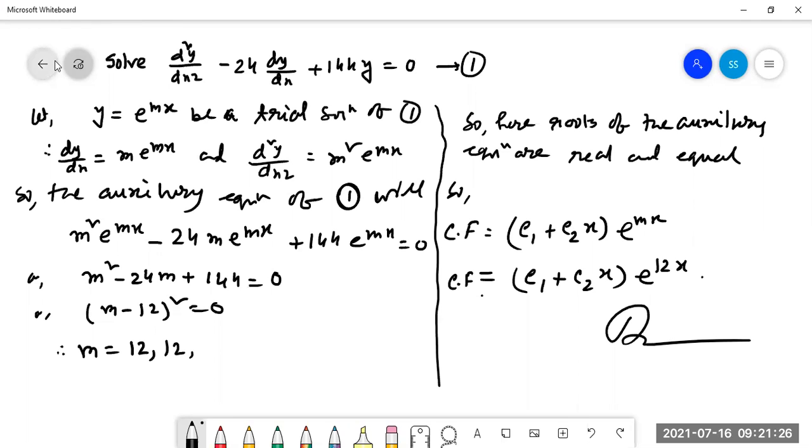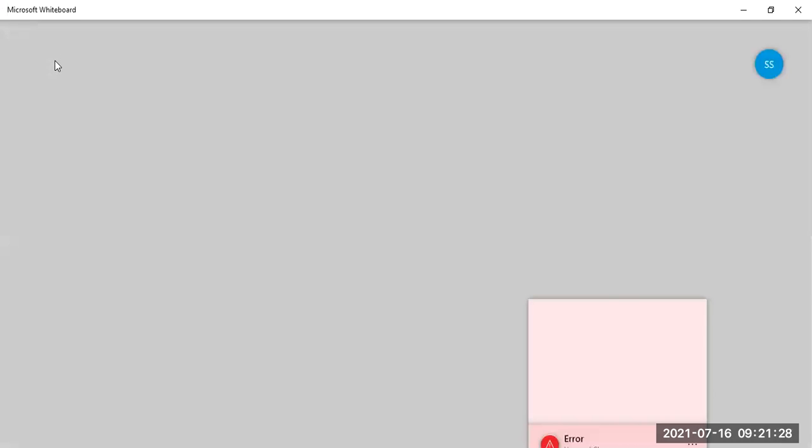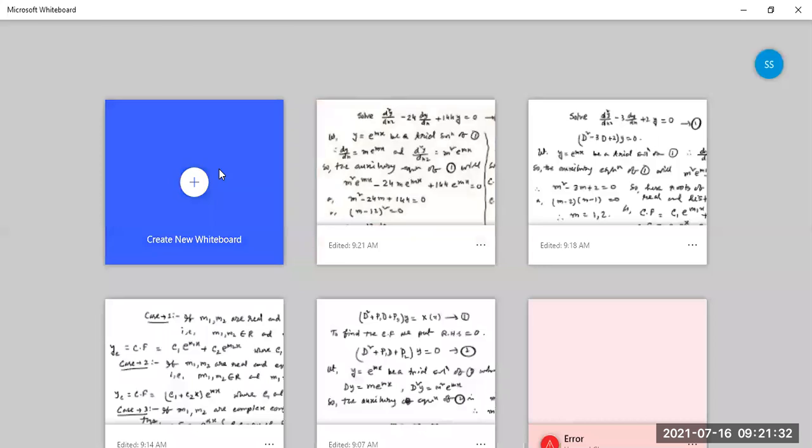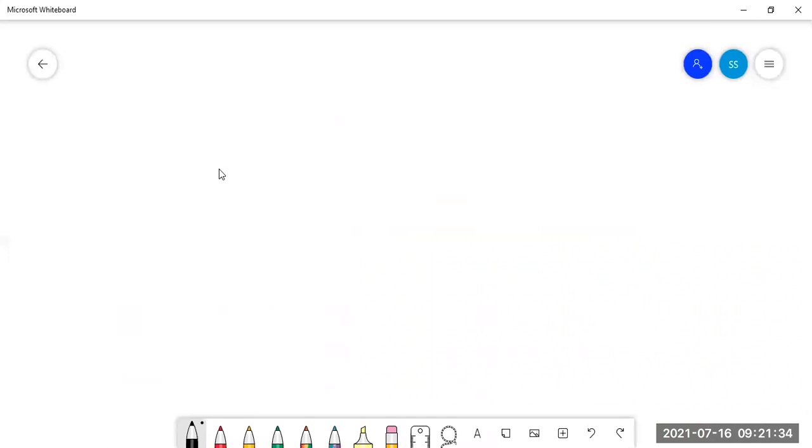Now we are taking an example of third. d²y/dx² plus 4y equal to 0. This is number 1.